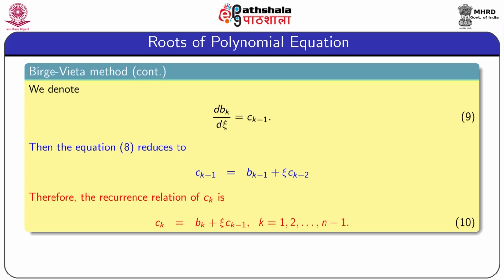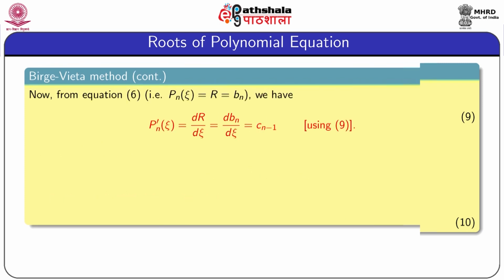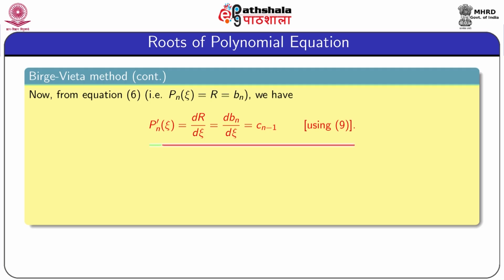Finally, the recurrence relation of ck is ck equal to bk plus xi c_{k-1}. This is true for all k equal to 1 to n-1. So, from this equation we can evaluate all c's, and from equation 8 we can evaluate all b's. Now, to find Pn dash at xi, we differentiate equation 6, and it is equal to dr/dxi, which is equal to dbn/dxi, and this is nothing but c_{n-1}, obtained from the last equation, equation number 9.